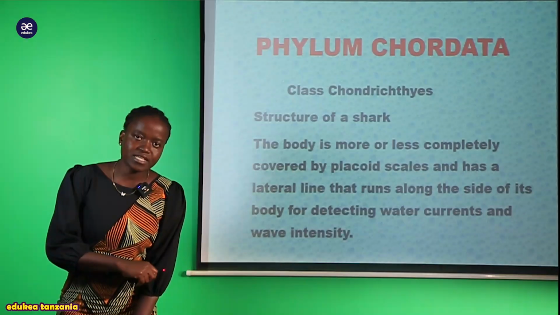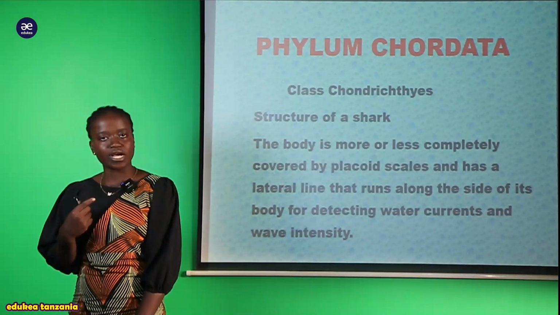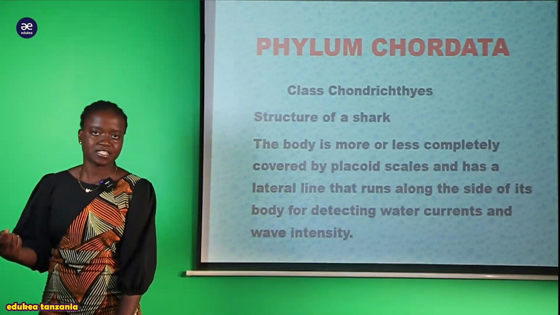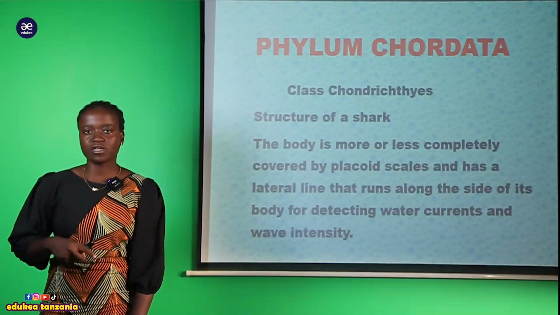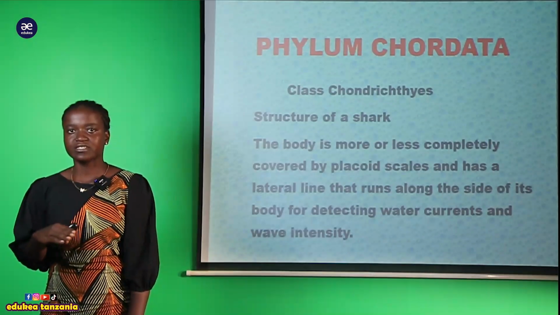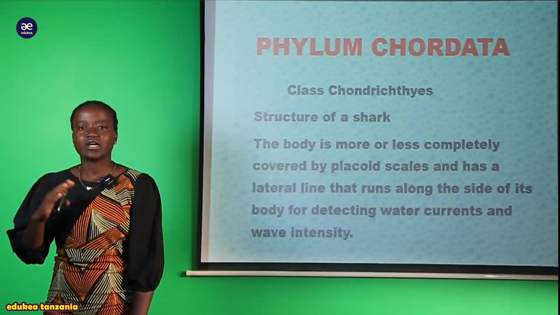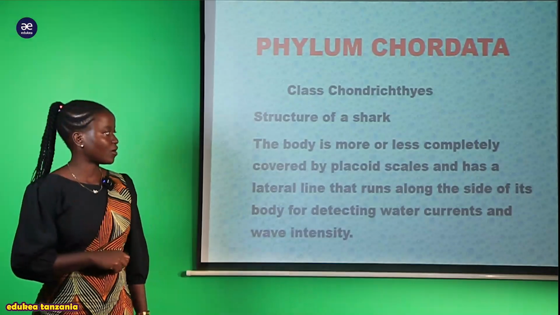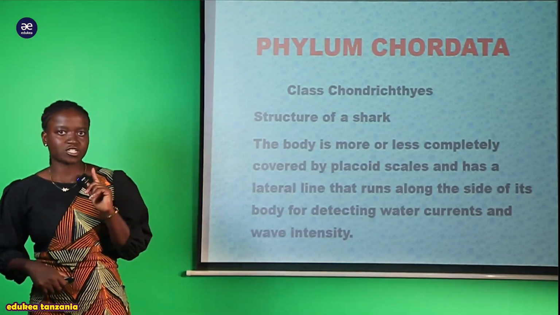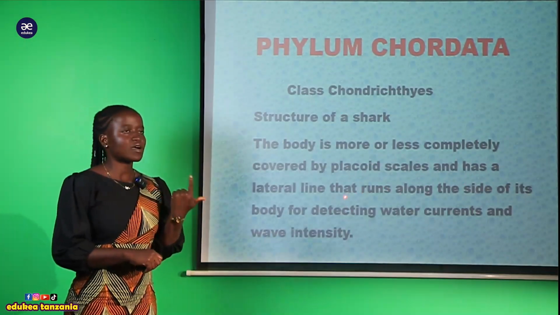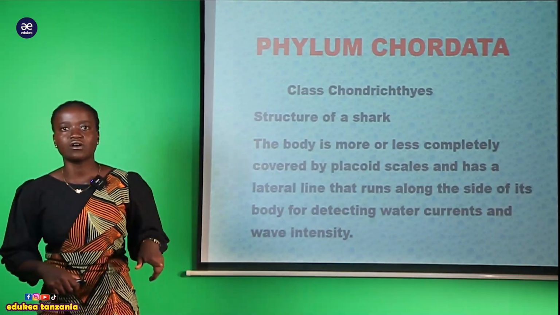Na hii placoid scale tumeiona kwenye ile structure kipindi tunadiscuss the distinctive features. Tumesema their body is covered by placoid scales, au yale magamba yanayocover hawa organism yanaitwa placoid scales. Not only that, we have seen that this organism also possesses a lateral line.